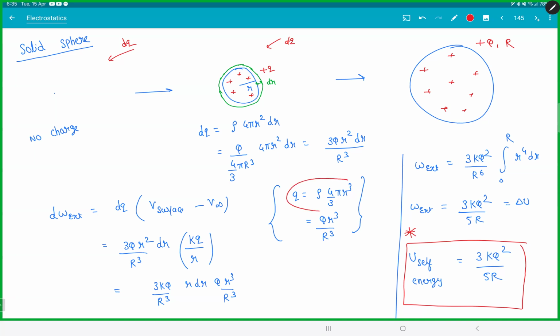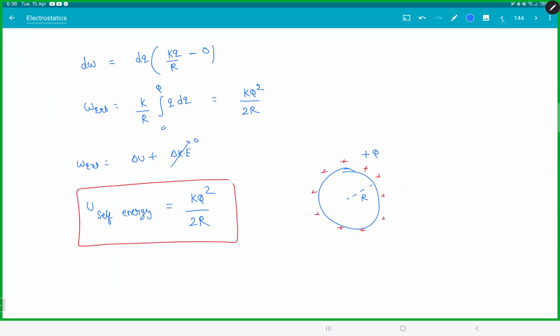Actually, you could have found q here and you could have differentiated to get dq. That also would have worked. So rho will be the final charge, meaning charge density, right? Total charge by total volume. All clear with this?